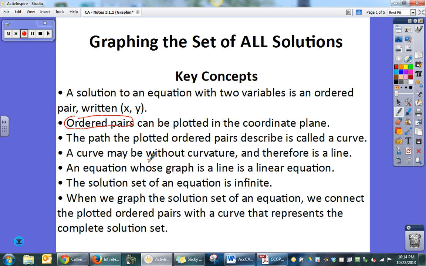If we're looking at an equation of a line, or a quadratic or an exponential equation, the solution set's going to be infinite. It will be all ordered pairs along that line or along that curve that will be answers to our equation.